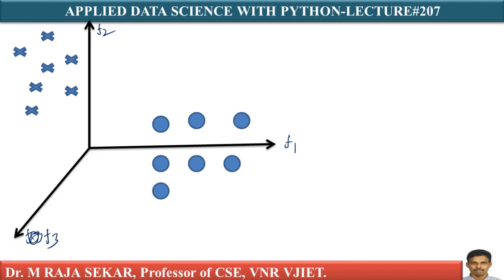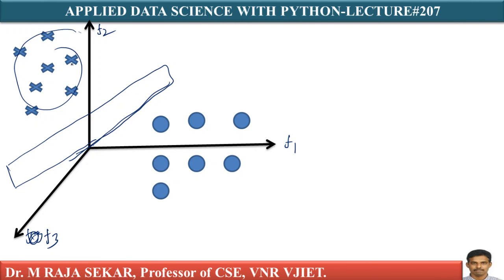I could again draw a plane to separate these points. I can draw a plane like this, something like this. What does it mean? This side of the plane belongs to one type of flowers, and the other side of the plane belongs to another type of flowers.